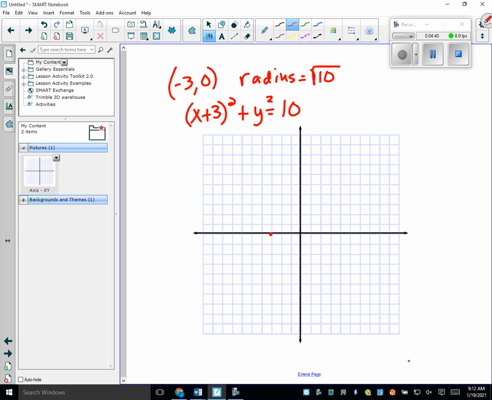If the radius is radical 10, is that a little more than 3? It's a whole lot more. Radical 10? Radical 10. I was just thinking 10. Yeah, it's 3.16, so a little more than 3.